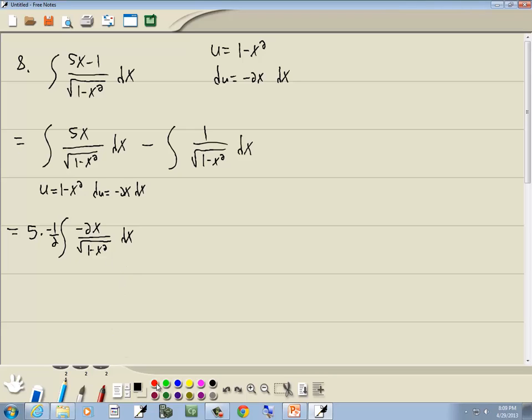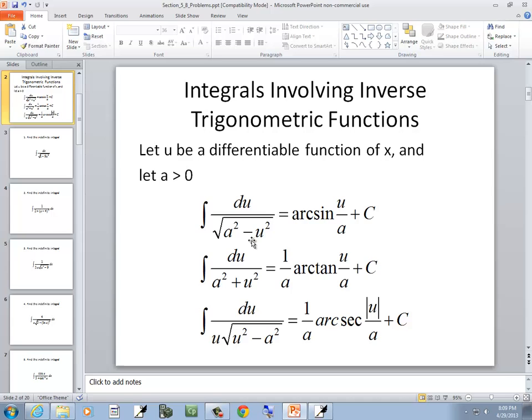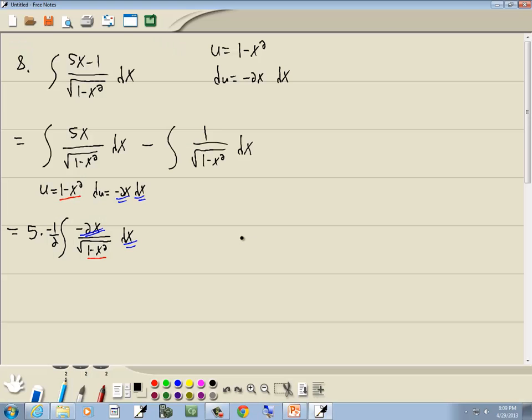And now, let's see what's accounted for. 1 minus x squared, 1 minus x squared. Negative 2x dx, negative 2x dx. So everything's going to be taken care of. Now let's go back to this one over here. Now we don't have any extra junk up on top, so it kind of looks like this first one.